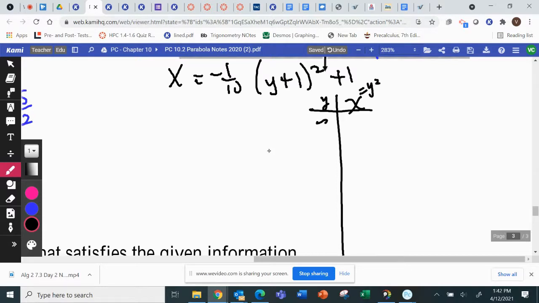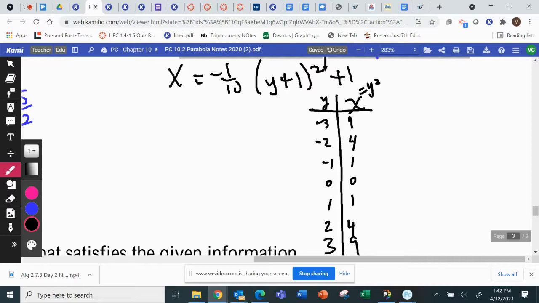I'm going to plug in -3, -2, -1, 0, 1, 2, 3, just the same way that I did before. It's just the top of the column looks different. So I'm going to get 9, 4, 1, 0, 1, 4, 9 in the x's.